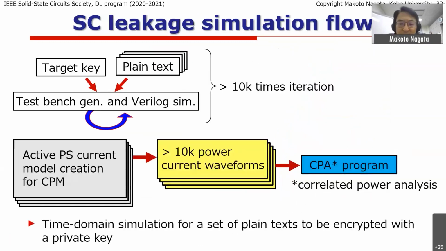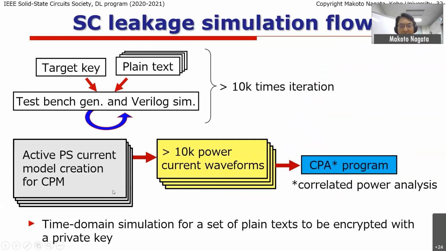From that perspective, how can we simulate and design the chip before being attacked by the adversary? We need to make the simulation for different plain text given to the cryptographic engine under design. That means we need a very efficient way of simulation.